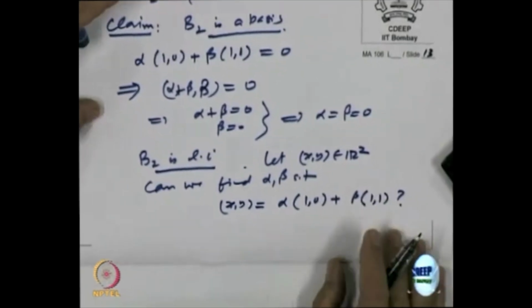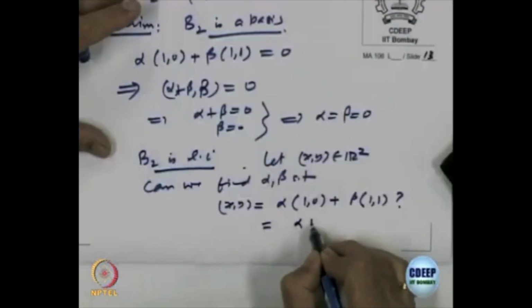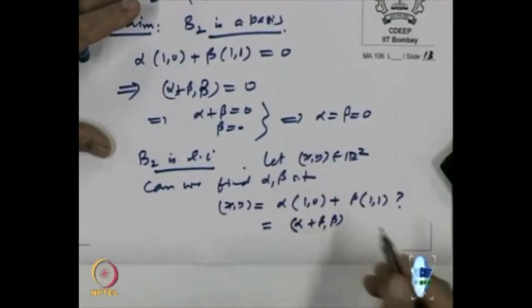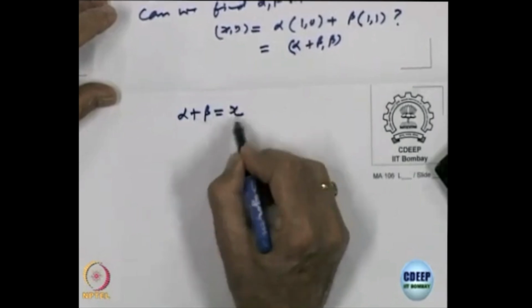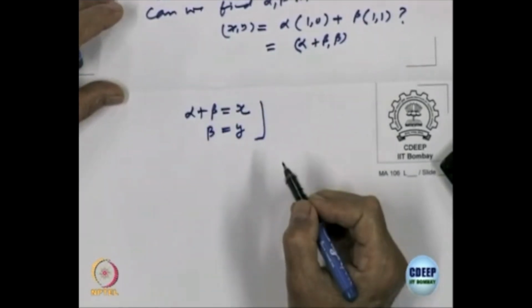That is the question. If I can find them, then (x, y) will be a linear combination of these two. That is (alpha plus beta, beta), so this is the same as saying that alpha plus beta is equal to x and beta is equal to y.